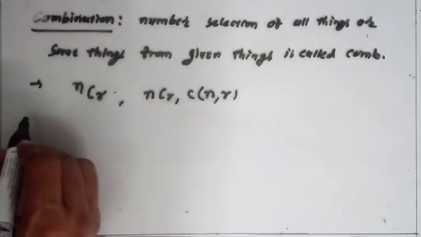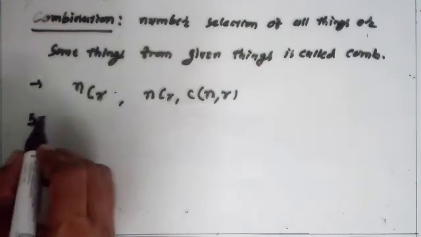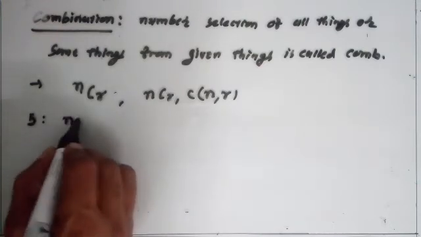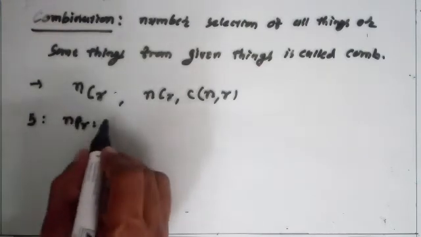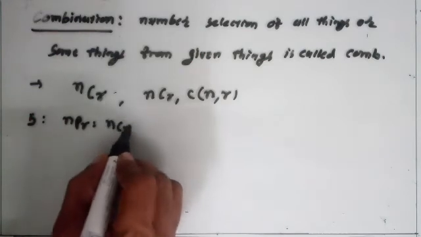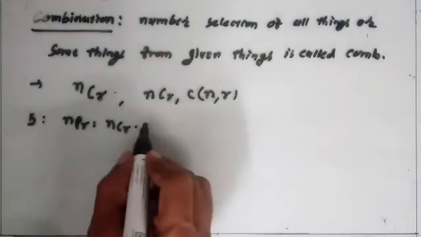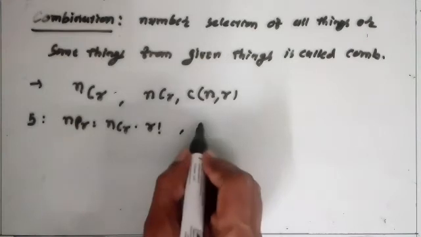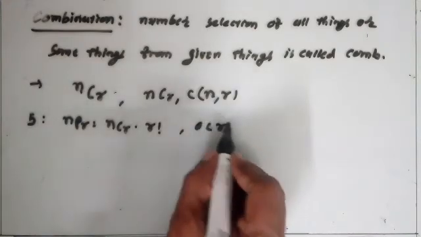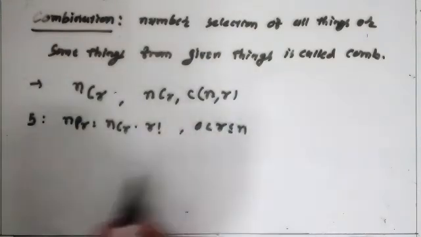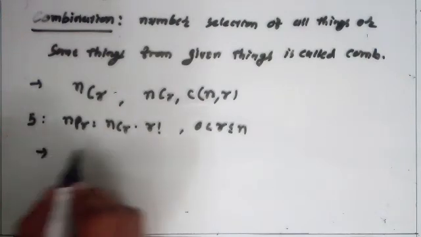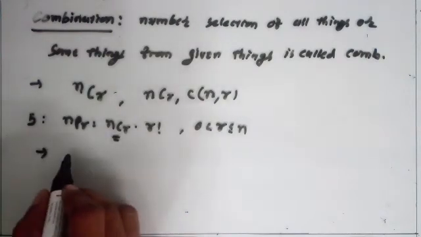Now here theorem number 5 is given: nPr is equal to nCr into r factorial, where 0 is less than r, less than or equal to n. From this we get the formula of nCr.